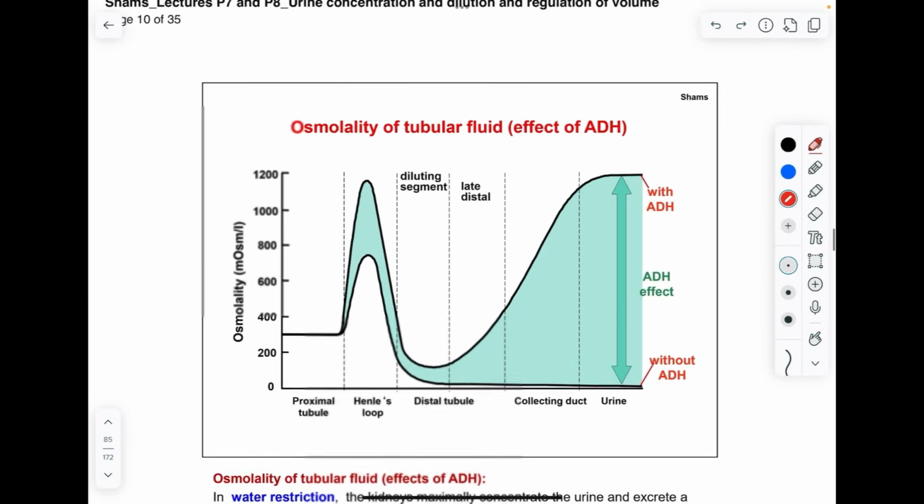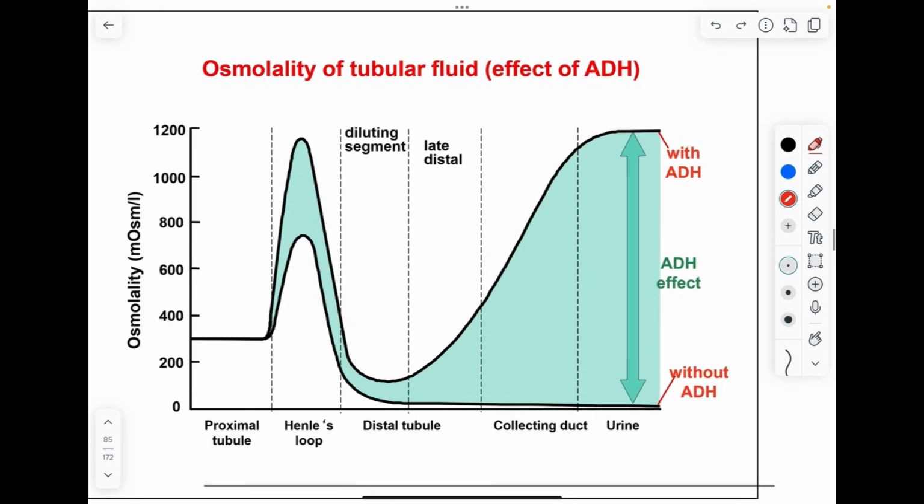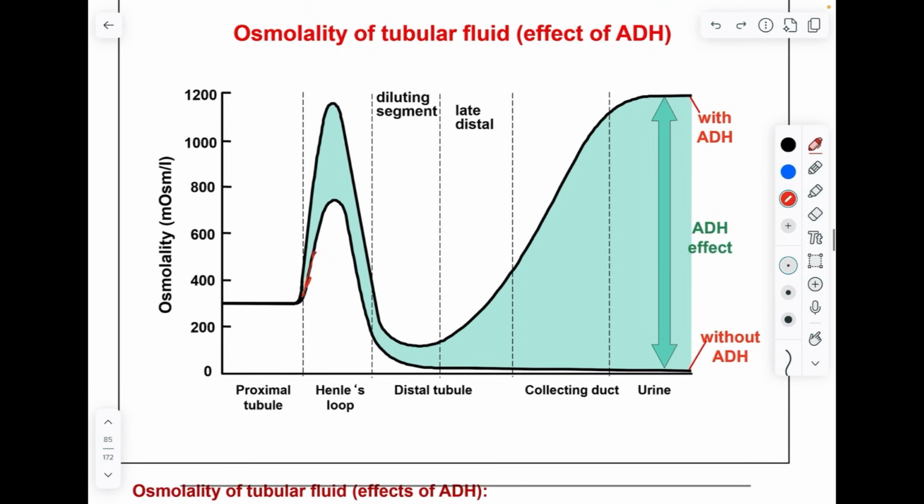Okay? Here, osmolality of tubular fluid. What does ADH do? So, let's look at this line. Can you see it? This is when you do not have ADH. What will happen? Okay, so now we are in the descending limb of Henle's loop. The osmolarity is increasing. Why? Because we're pumping water out, but we do not pump salt. And then the ascending limb of Henle's loop, and let's do it with the blue.